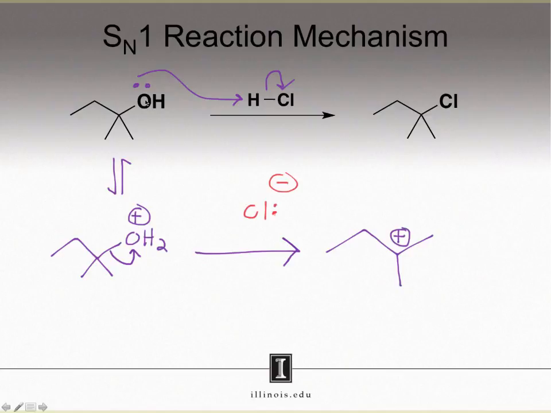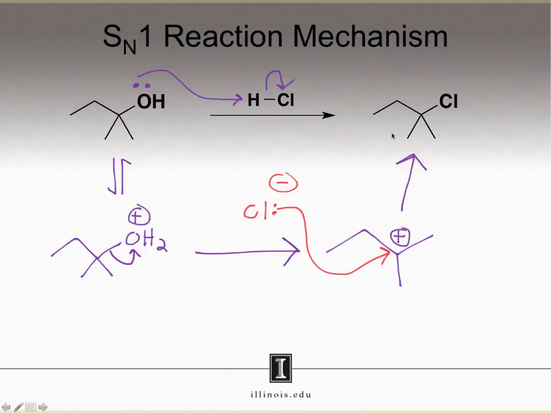Chloride ion that we had formed previously, after using the hydrochloric acid to protonate our alcohol, then acts as a nucleophile and attacks the carbocation to form the final product. It is these final two steps, the formation of the carbocation intermediate on the bottom and the nucleophilic attack of the nucleophile onto that carbocation on the right, that are the two steps in the SN1 mechanism.